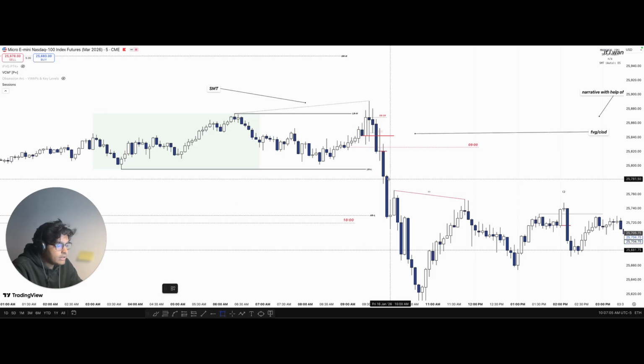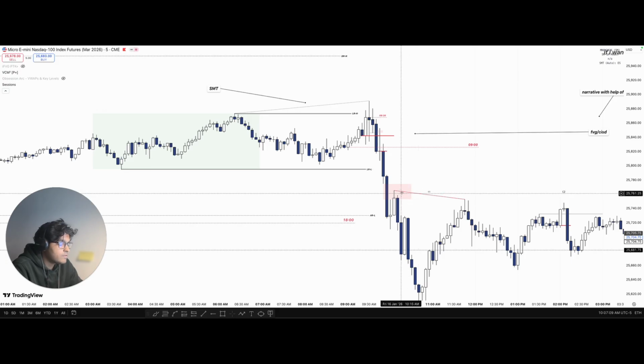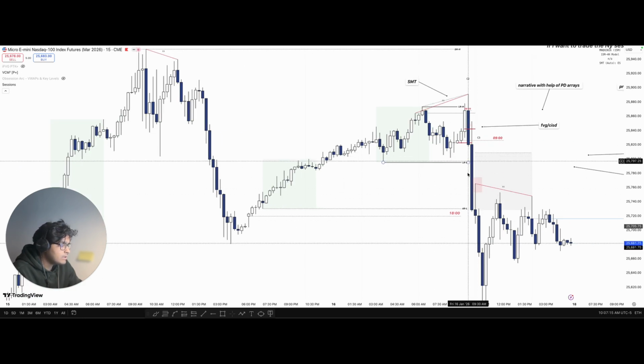If I had an inverse in 5 minutes, or even if I go to 15 minutes, I don't see any bullish narrative here. All I see is bearish fair value gaps, and these bearish fair value gaps give you a proper narrative that the price doesn't want to go up higher. It wants to go down lower, right?